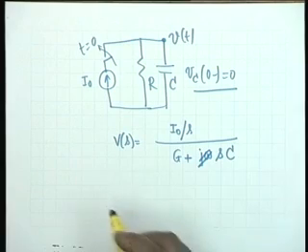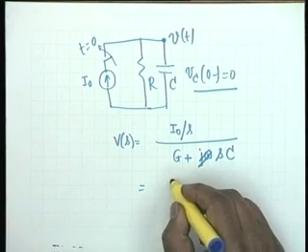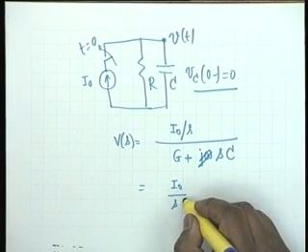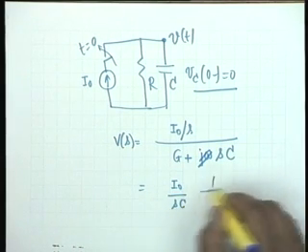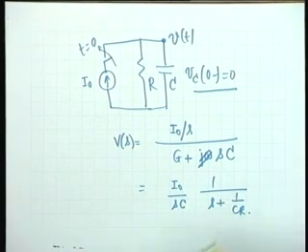And this I can write as I0 divided by s, and I can take C common, then I get s plus G by C, which I can write as 1 over CR. Have I done this correctly?